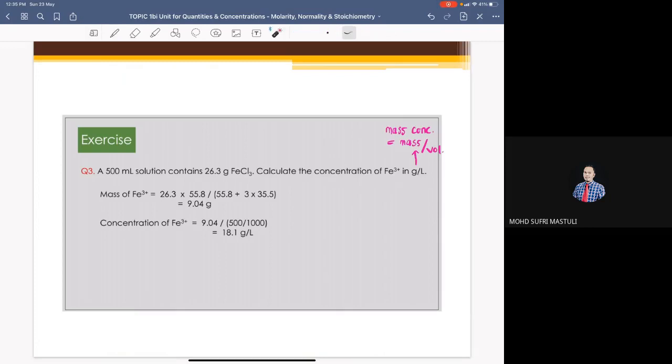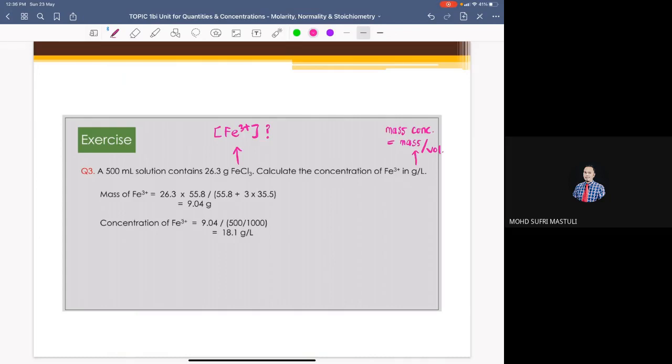So it's asking you about the concentration of Fe. In this 500 ml of solution containing 26.3 gram FeCl3, it's asking what is the concentration of Fe3+ in this solution.